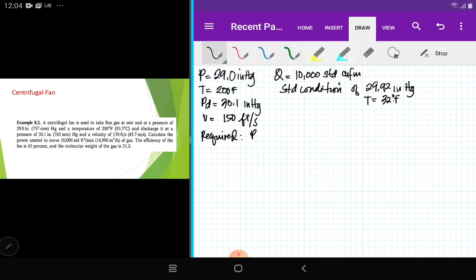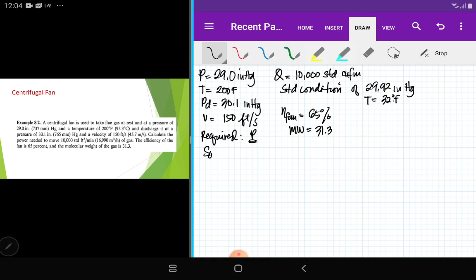The efficiency of the fan is 65%, with a molecular weight of the gas equal to 31.3 pounds per pound mole. We're required to calculate the power required to move the 10,000 standard cubic feet per minute.